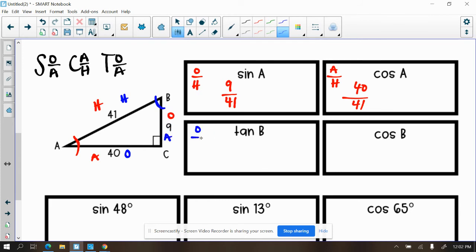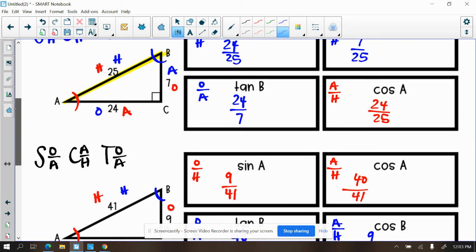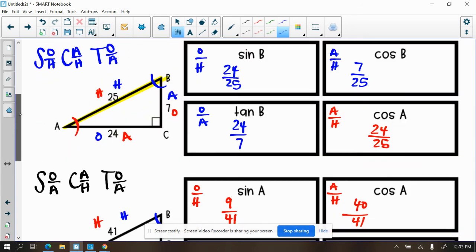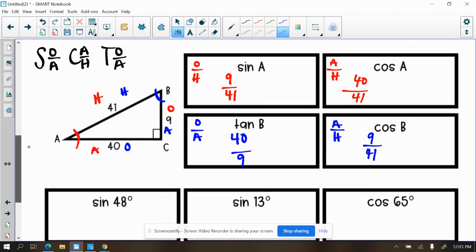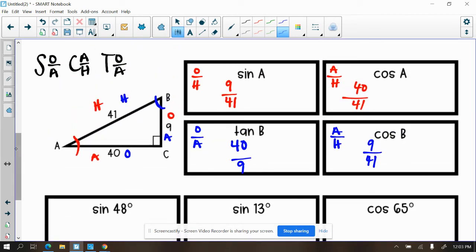So tangent is opposite over adjacent, 40/9. Cosine of B, adjacent over hypotenuse, is 9/41. Okay, so those are just setting up those trig ratios, which is pretty simple once you remember SOH CAH TOA.